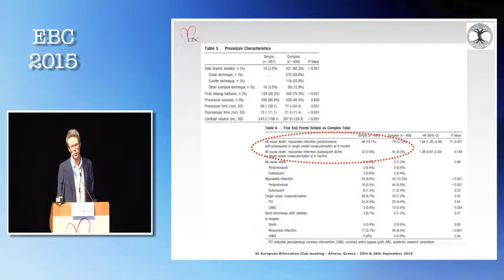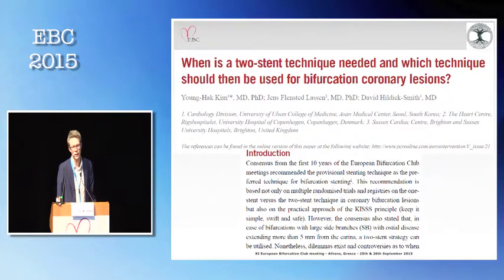If we look at this, we're aware that a big driver for the matching or the worse outcomes in the complex group is the peri-procedural myocardial infarction. You also see a signal for stent thrombosis, not statistically significant, but numerically a little more in the complex group. And of course, this is then reflected in the consensus document that we've all got copies of today and was published earlier in the year, namely to state that the simple approach seems to be best.